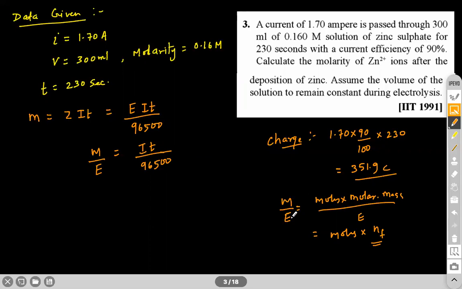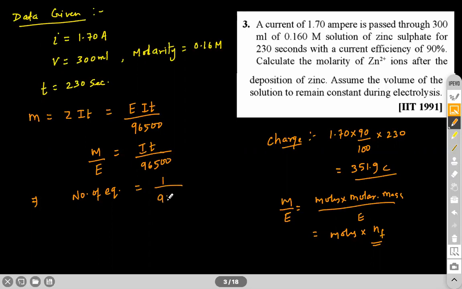Mass divided by equivalent mass is directly the number of equivalents, which equals IT by 96500.